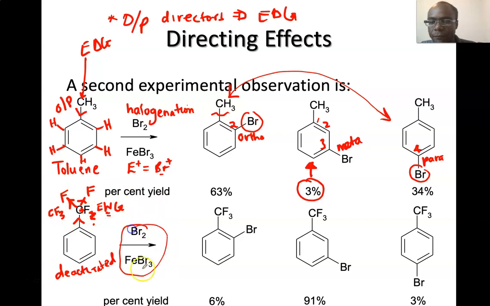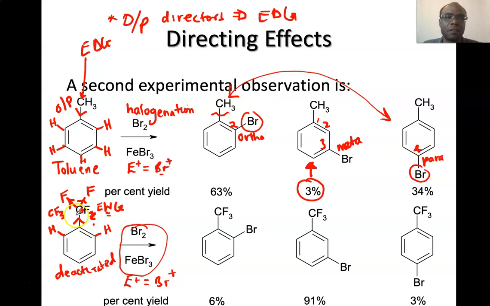We are doing the same reaction. We still expect that our electrophile will be Br+. So one of the hydrogens on this ring, one of the 5 hydrogens, there are 2 here and 2 here and 1 here, 5 hydrogens, one of those will be preferably taken out. So which one is that? Now, it turns out that whenever you presently have an electron withdrawing group sitting on the ring, the electrophile ends up on the meta position, the 3rd carbon from your reference group. Our reference group here is CF3.